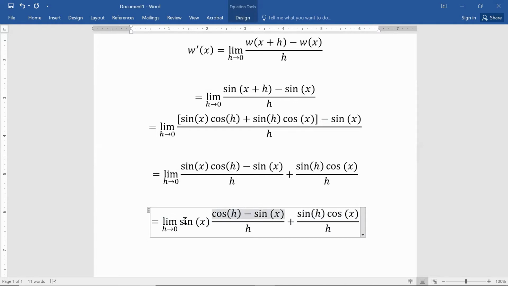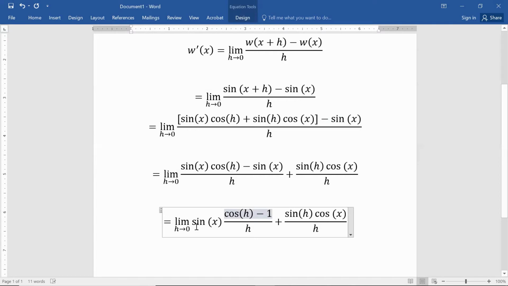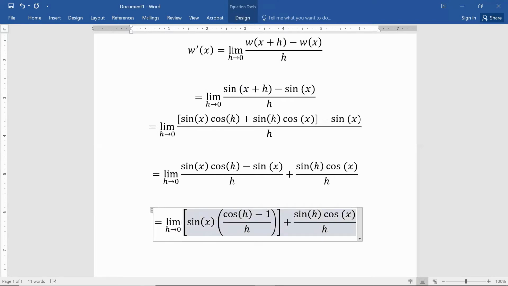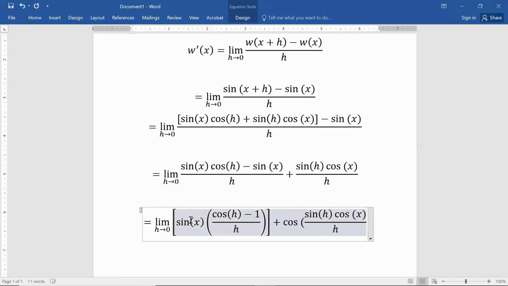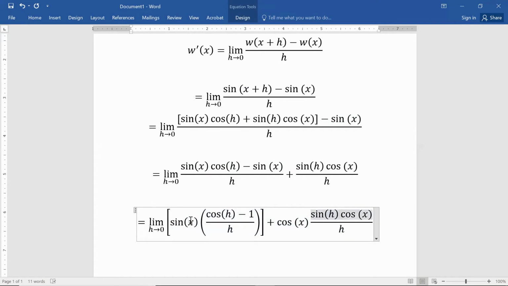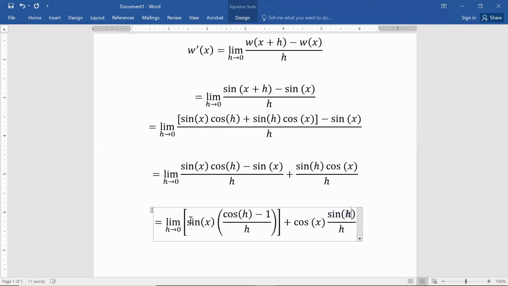That takes the two sine of x's out of my numerator, and that creates this sine x times cosine h minus 1 over h. And then in this one, I'm going to factor out a cosine of x times the expression sine h over h.